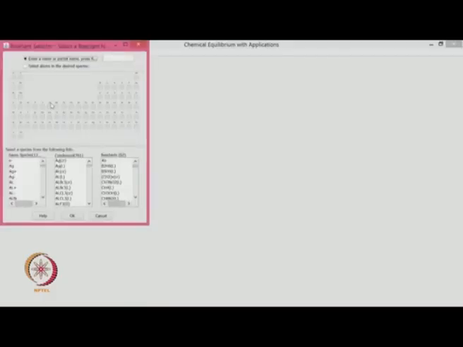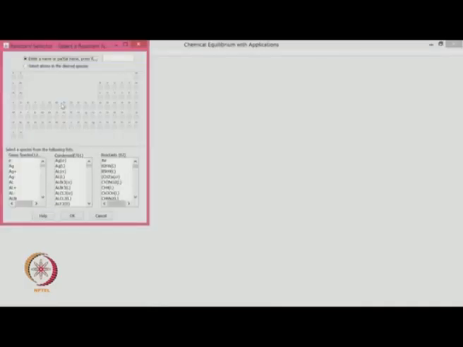Now, if you click on the name and select something as a fuel, you can change it from liquid hydrogen to something else.